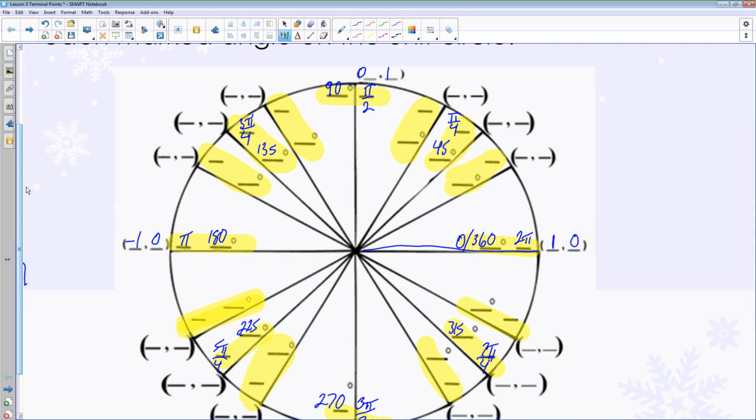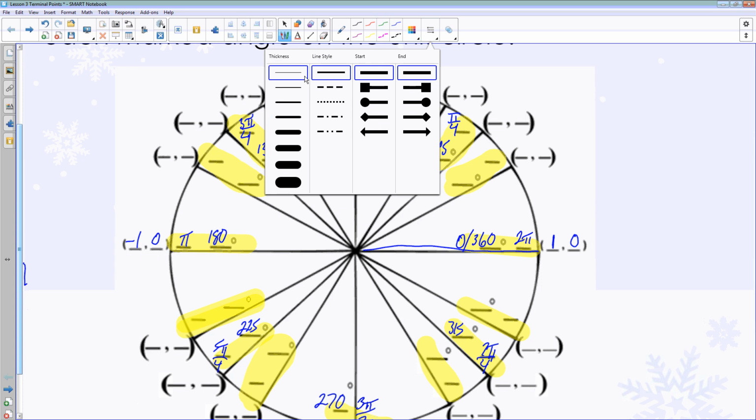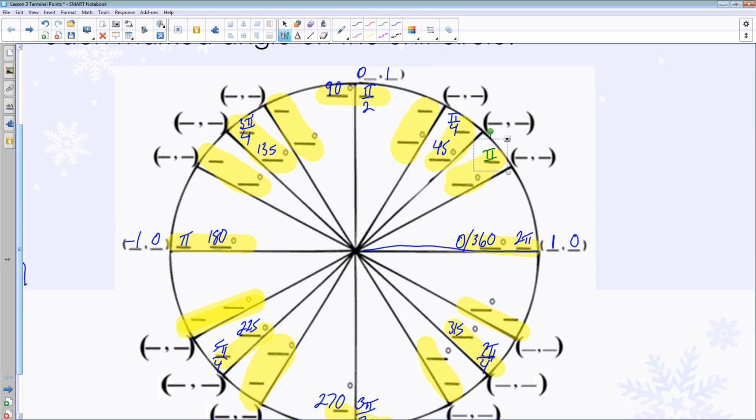Okay, so let's go on to maybe our pi over 6s, which is also our pi over 3s as well. All right, so pi over 6, how many degrees is that? Well, multiply it by 180 over pi, and you'll notice that it's just 180 divided by 6, which gets you 30 degrees. Okay, so each one of our pi over 6 angles is 30 degrees.